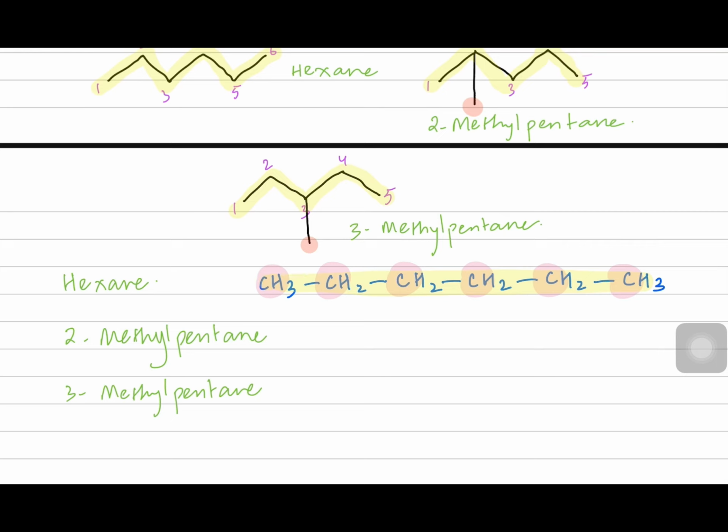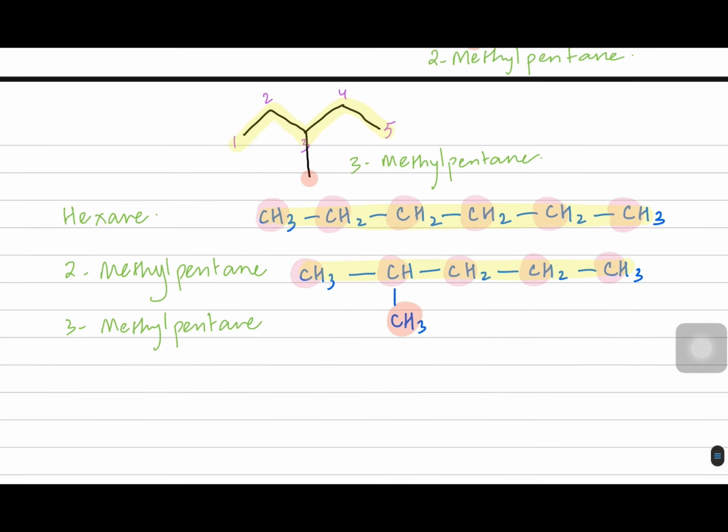This is your main chain. In the second structure, you have a CH3, you have a CH with a branch on carbon number 2, then carbon 3, carbon 4, carbon 5. In this case, you have 5 carbons. There is a branch on carbon number 2, so that is called 2-methyl pentane.